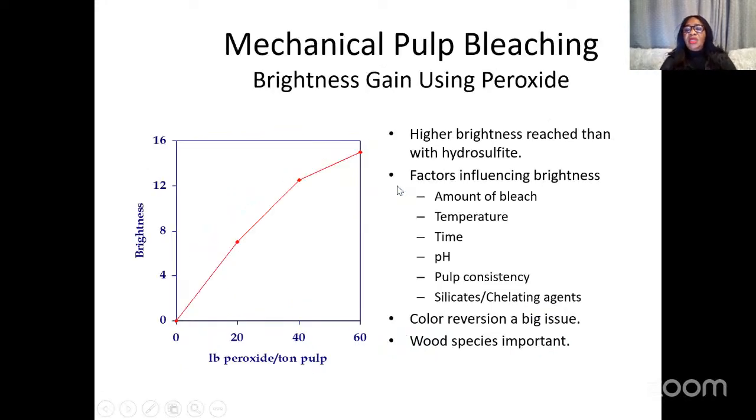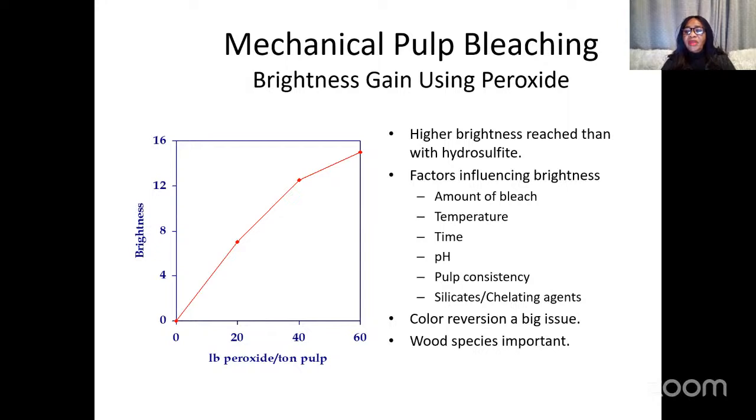Higher brightness is achieved in this case than with hydrosulfide, that is the sodium dithionite. So with hydrogen peroxide, higher brightness is achieved. The factors that influence this bleaching are the amount of bleach, just like in the other case, temperature, time, pH, pulp consistency, silicates, chelating agents.